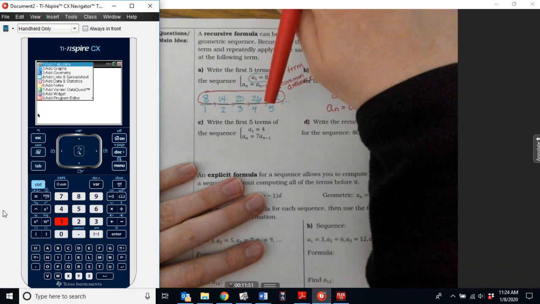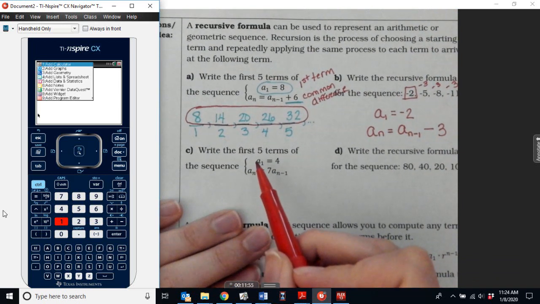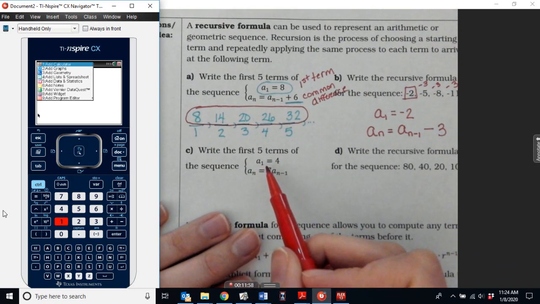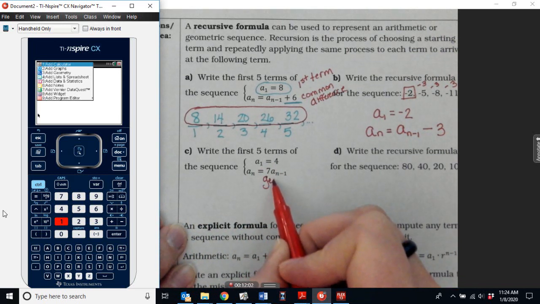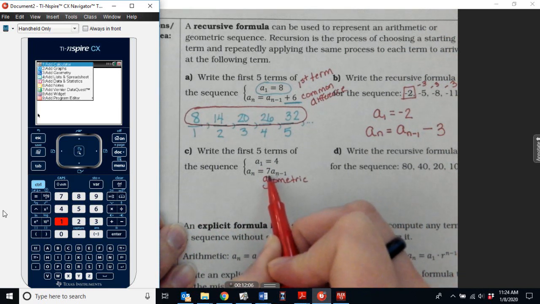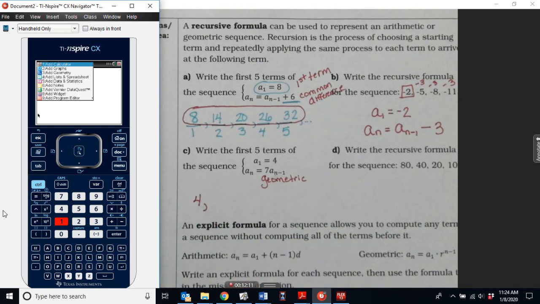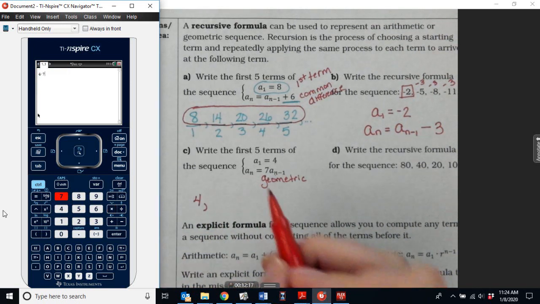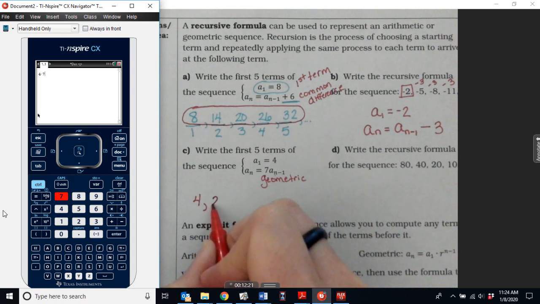Okay, and we're looking at part C here. Write the first 5 terms of the sequence. Well, I know the sequence is geometric because it's multiplying. So my first term is 4. And then if I need to, I could use a calculator. 4 times 7, that's what I'm multiplying by, is 7. 4 times 7 is 28.